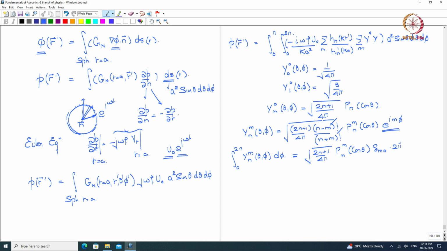Okay. When m is 0, this is just 1 and it gets integrated from 0 to 2 pi. So, I get a 2 pi, that is this 2 pi, and m is forced to be 0. So, this m will be forced to be 0, and then if I take a look at this 4 pi and that 2 pi, this comes in as 4 pi square inside. So, 4 pi cancels as a pi. So, I get root pi twice n plus 1. Let me use the delta, P 0 n cos theta delta m0.